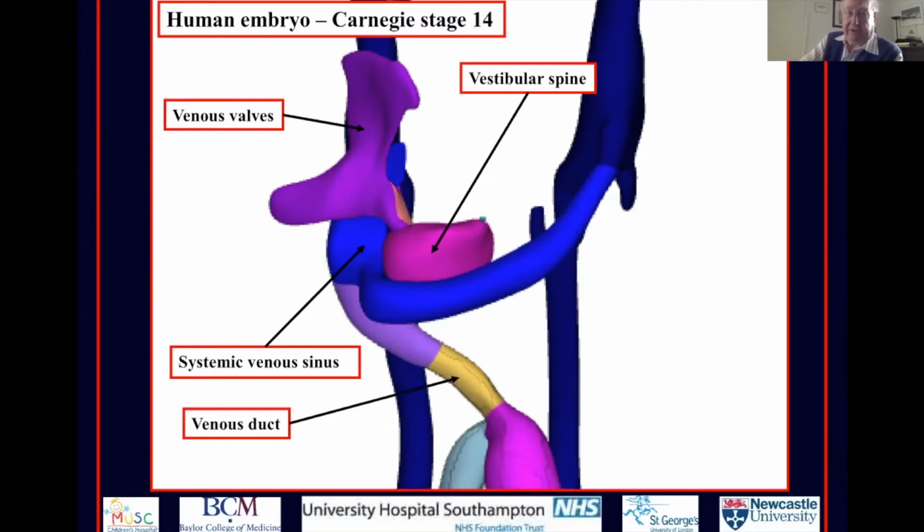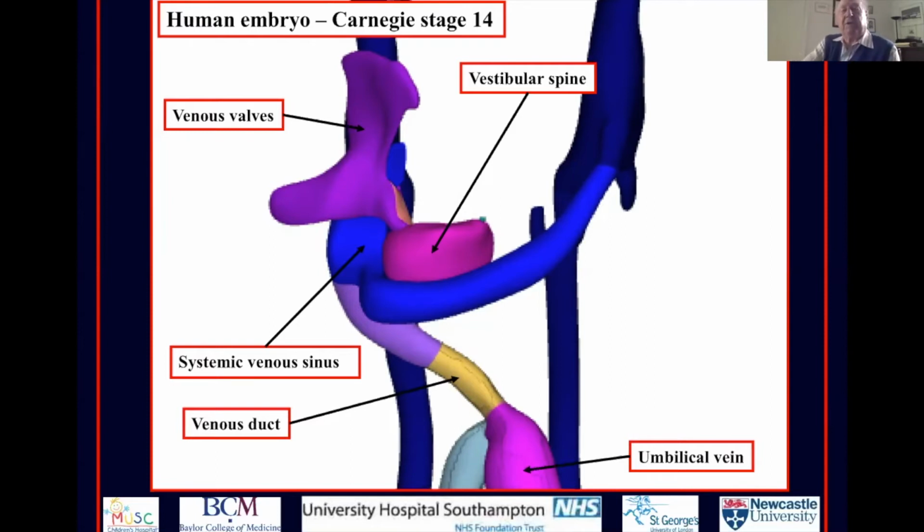With regard to the systemic veins, we can now see the communication that brings all the left-sided venous return to the right. This is the venous duct, the ductus venosus, if you will. And this development of anastomosis means that all of the blood that initially was bilaterally symmetrical is now coming to the right side of the developing atrial chamber.